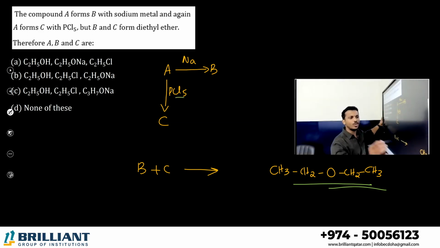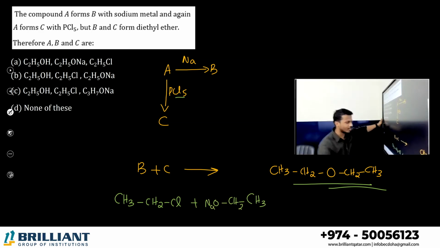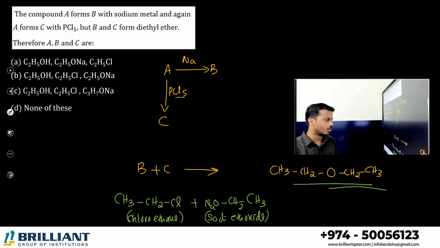If I want to get this ether, I can take CH3CH2Cl, chloroethane, and react it with CH3CH2ONa, sodium ethoxide. Sodium and chlorine are eliminated, and I will get this ether.